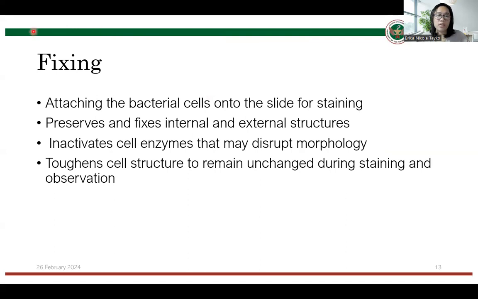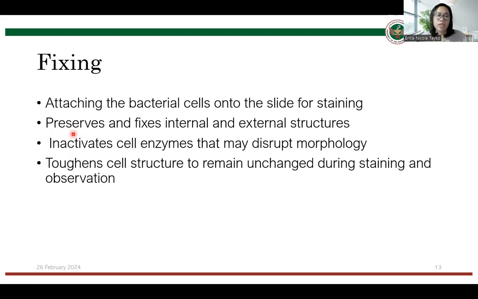But generally, when we perform staining, we first fix the bacterial cells on the slide. So you already know how to do this. You simply let the smear pass through the flame around 3 to 4 times. The purpose of it is to attach the cells to the slide so that when you wash it off later with water, the bacterial cells will remain on the slide.